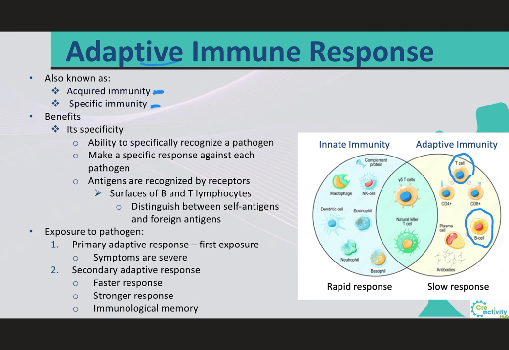Now, pathogens will contain antigens, which are small chemical groups that are often associated with pathogens, and these antigens are the ones that will be recognized by the receptors on the surface of the B and the T lymphocytes. And this adaptive immune response to these antigens is so versatile that it can respond to nearly any pathogen.